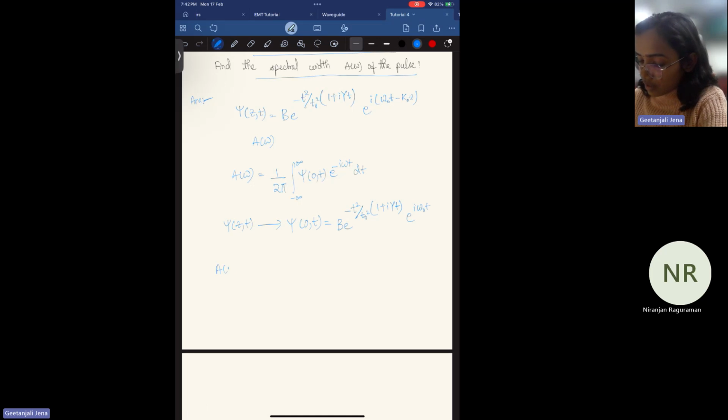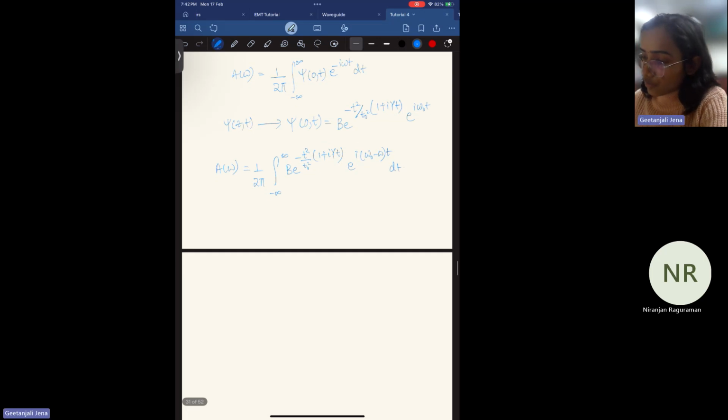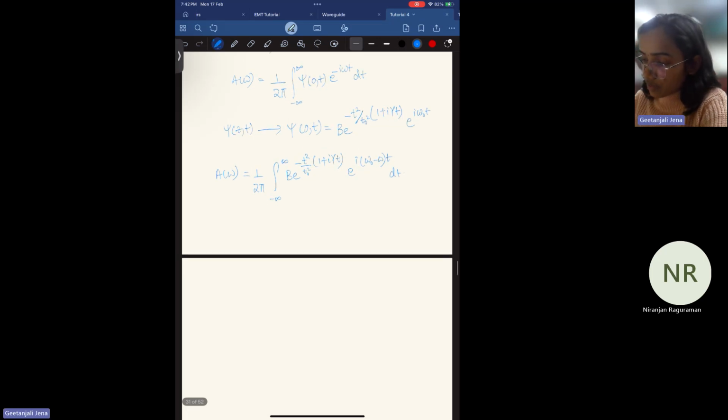So A of omega will be 1 by 2 pi, integral from minus infinity to infinity of B e to the power minus t square by T0 square, times 1 plus i gamma t, times e to the power i omega 0 minus omega t dt. So what is the exponential part?